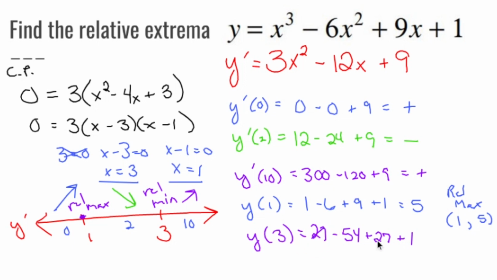All right, so 27 plus 27 is 54, minus 54 is nothing, plus 1 is 1. So that equals 1. So my relative minimum is going to be (3, 1). Look at that. Didn't have to erase a thing.